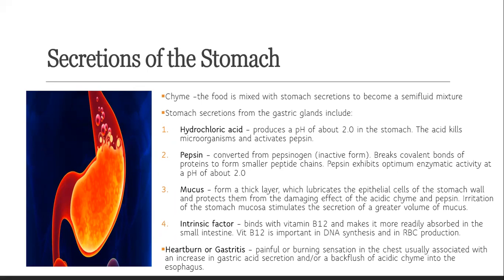The acid kills microorganisms and activates the pepsin. Then pepsin is converted from pepsinogen, which is the inactive form. It breaks covalent bonds of proteins to form smaller peptide chains, and exhibits optimum enzymatic activity at a pH of 2.